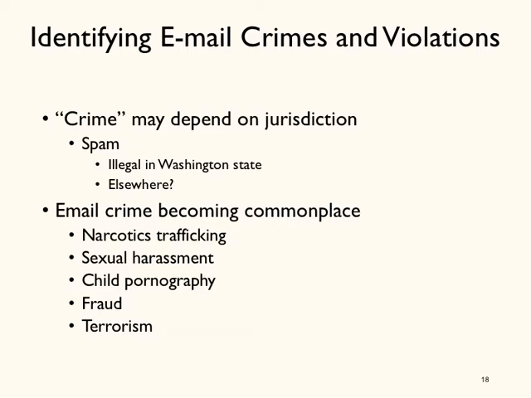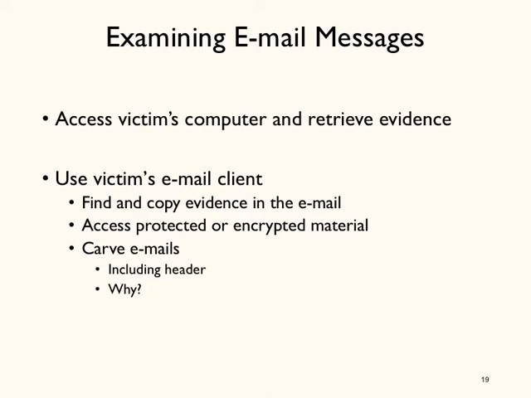Obviously, like we said, if we want to examine emails, there are several ways. The first is to access the victim's or suspect's computer and try to retrieve the evidence, which in this case usually means trying to recover evidence from standalone applications like Outlook. Also, in one of the presentations today, we're going to see how we can retrieve email evidence from webmail.